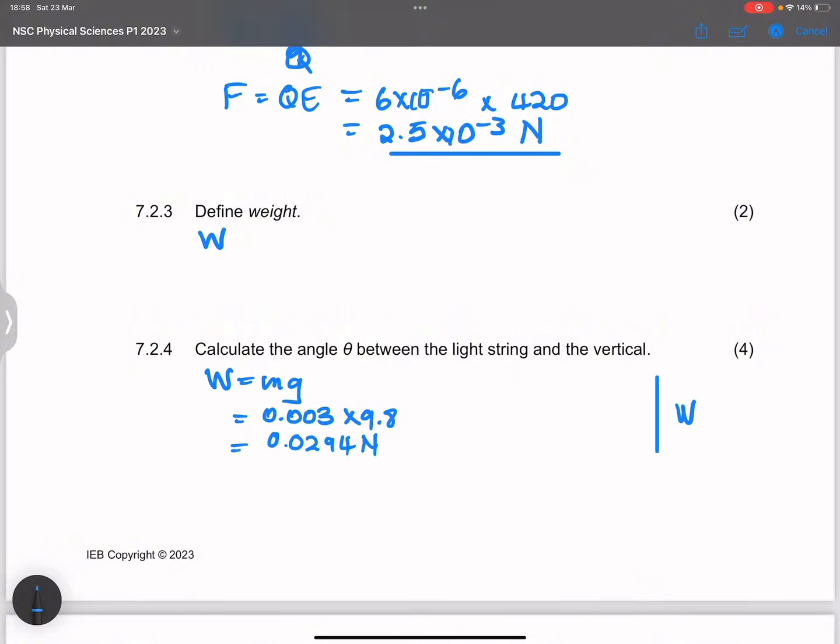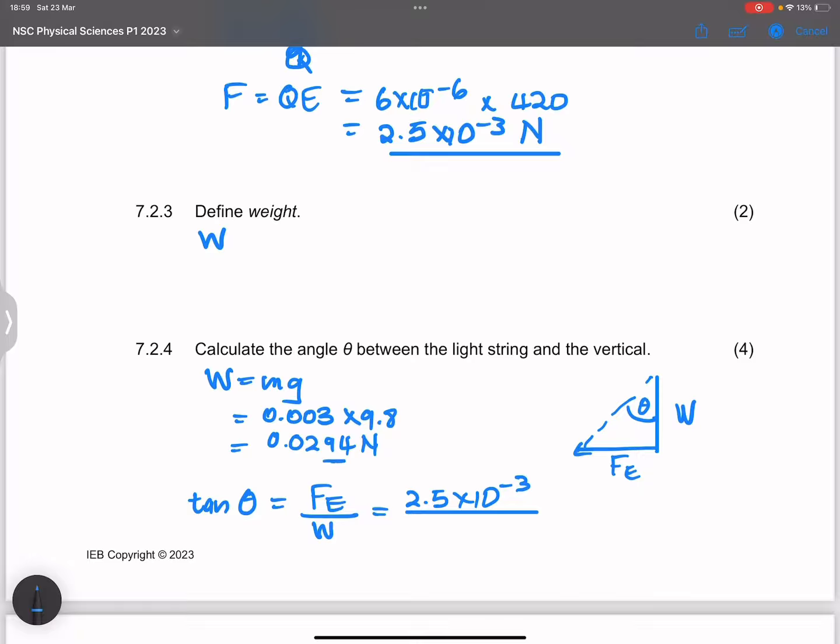Remember what I said: we've got the weight here, we've got the electrostatic force over there, and we are looking for the angle between the two. So I'm going to use the tan of theta, which will be opposite, the electrostatic force, divided by the weight. My electrostatic force is 2.5 times 10 to the minus 3, divided by 0.0294. I don't want to round off just yet.